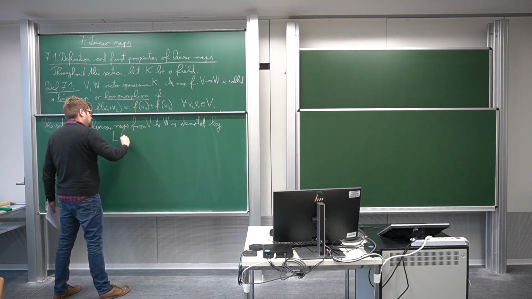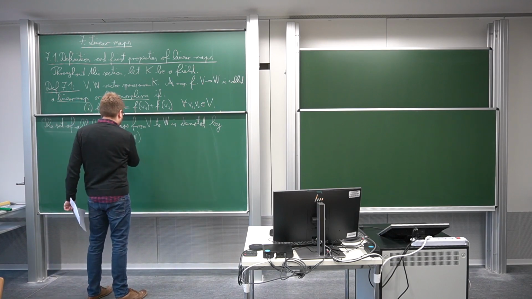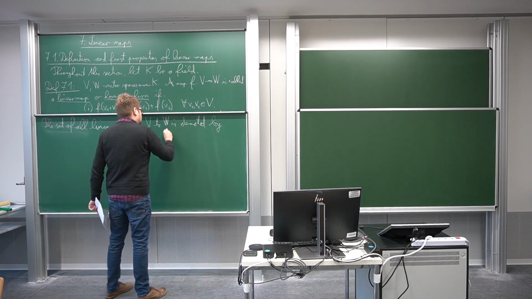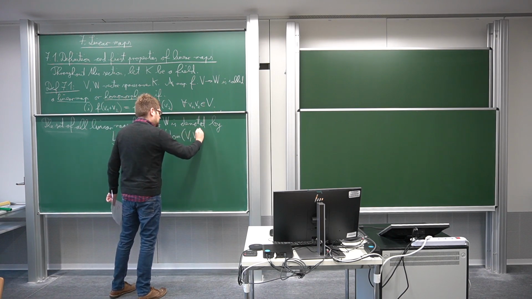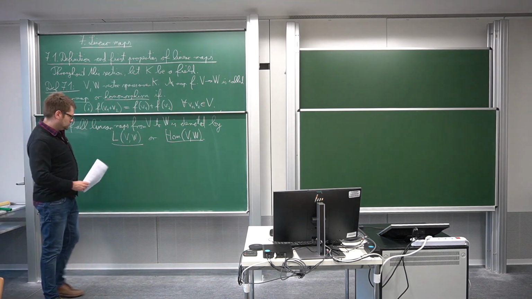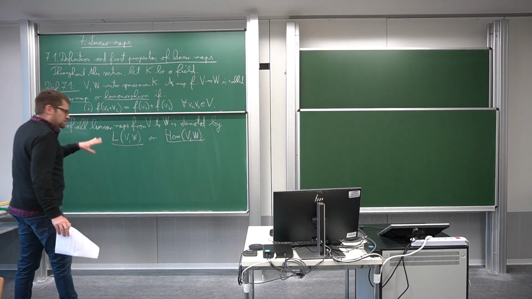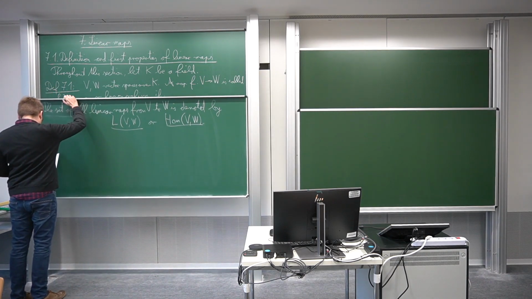Either you write L of V comma W, L like linear of course, or if you take the homomorphism viewpoint, another way of writing this is hom V W. And in different textbooks you might find different notations or even completely different ones, but these are the most common ones. Okay, so this is just notation for the set of all linear maps.